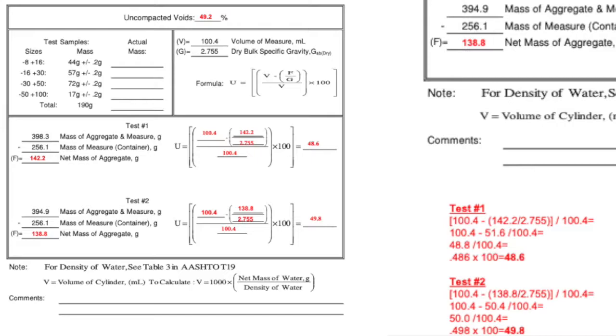V, which is your volume, 100.4. We're going to subtract that from F divided by G. F is our net mass of aggregate, 142.2.